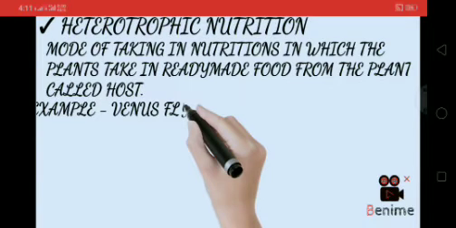In autotrophic nutrition, the plants make their own food through photosynthesis. But in heterotrophic nutrition, the nutrition is ready-made.